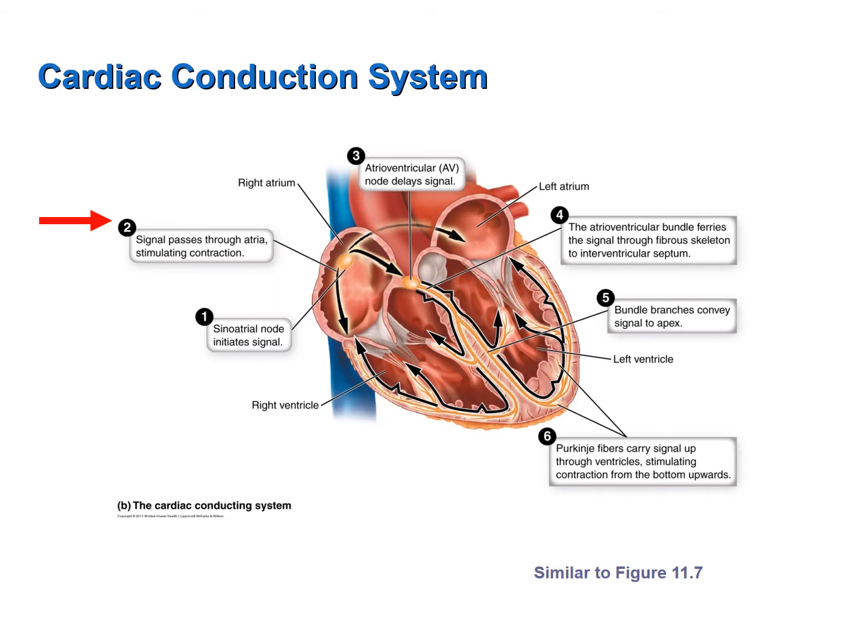Recall that there is a fibrous skeletal barrier between the atria and the ventricles. So action potentials cannot simply pass from the atria into the ventricles, except through this narrow area of the cardiac conduction system called the atrioventricular, or AV node.